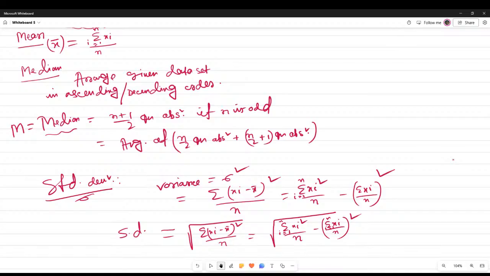Now, all these formulas I have given so far are only for a discrete set of distribution.